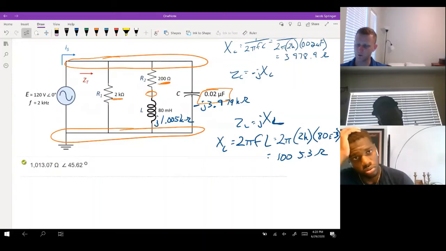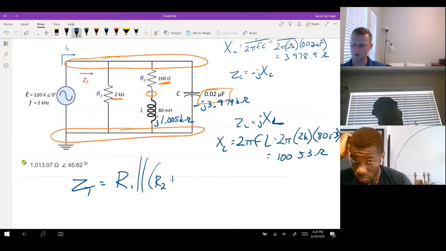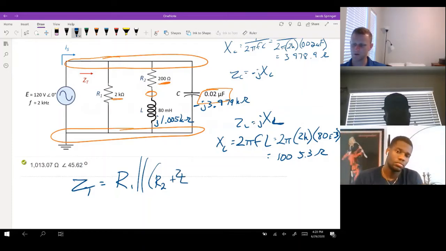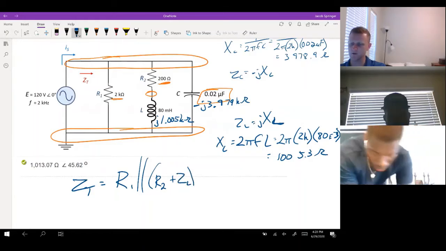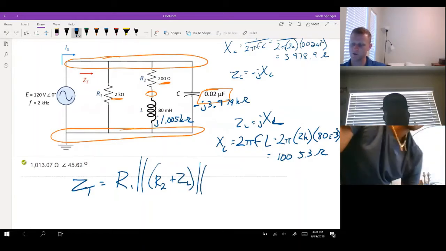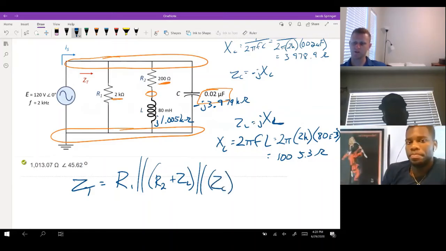So now my Z total, I'll write it with just the labels first: R1 is paralleled with R2 plus ZL, plus ZL paralleled with Z of the capacitor, because that is what is in between those nodes.